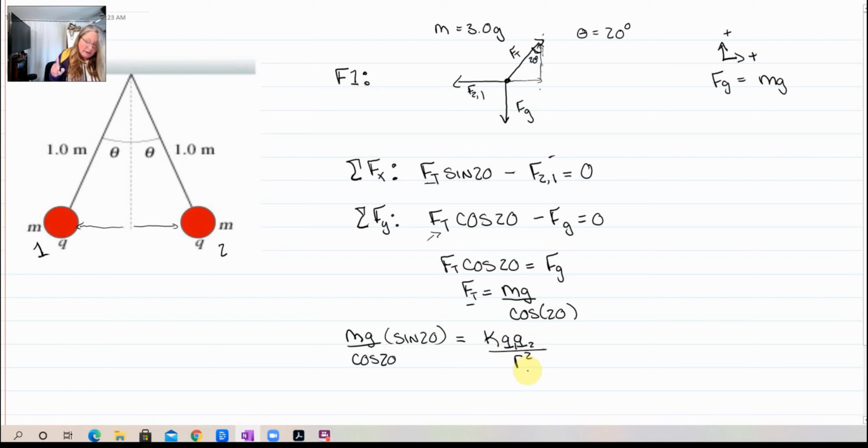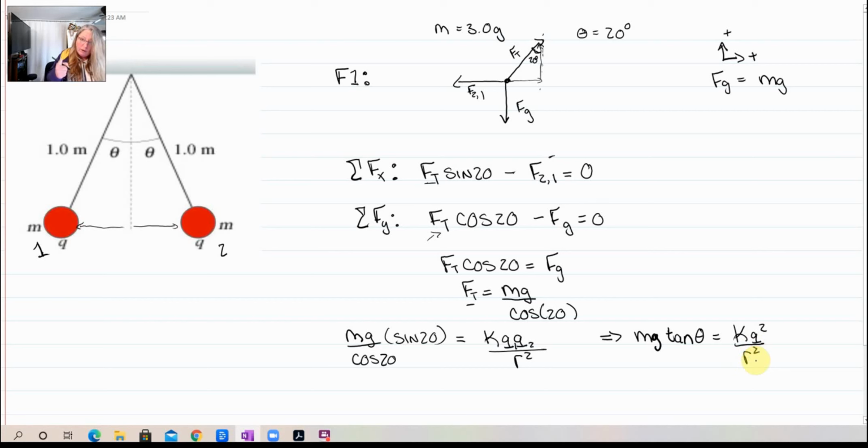Ooh, Q1 equals Q2, so I can simplify this. Actually, I'm going to simplify two things in one step. Sine over cosine is tangent, one trig function to put in your calculator instead of two. mg tan theta equals kq squared over r squared.